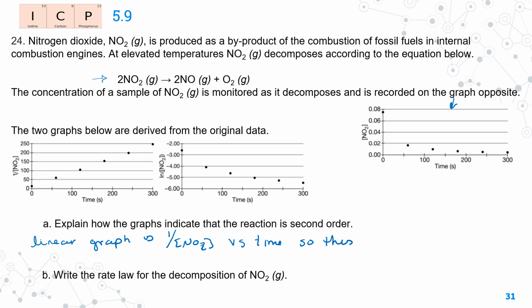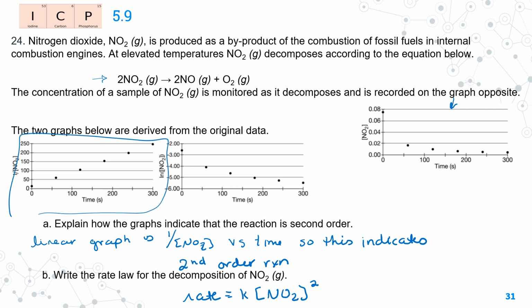So this indicates a second order reaction. That means our rate law is going to be K concentration of NO2 squared. And we know that because we determined the rate using the data.